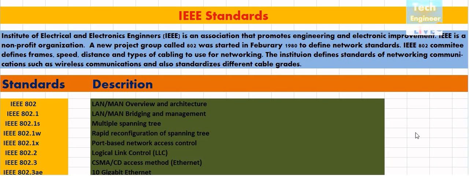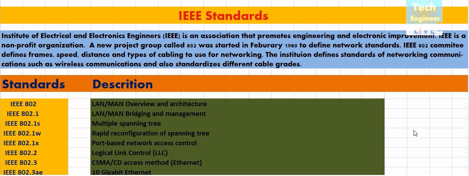We might see those in real life, but it is very essential to know if we are learning about networking in the IT field. It is a very important part.